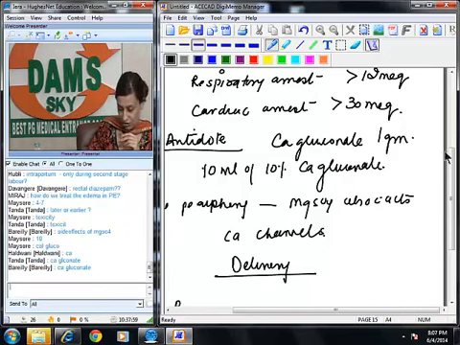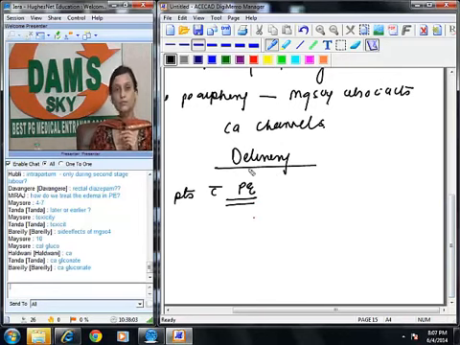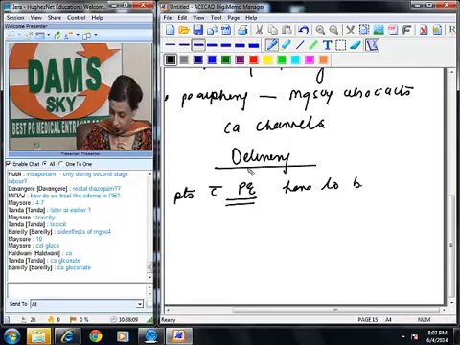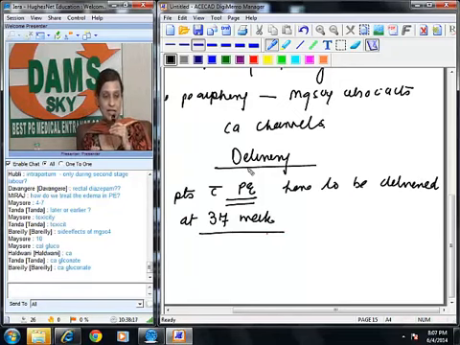Now you have to understand, all patients with preeclampsia have to be delivered at 37 weeks, right? So at 37 weeks, we are going to induce labor in these patients, right?